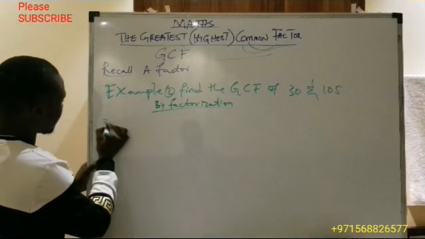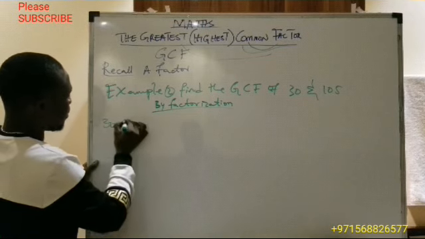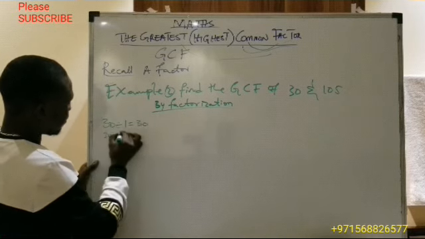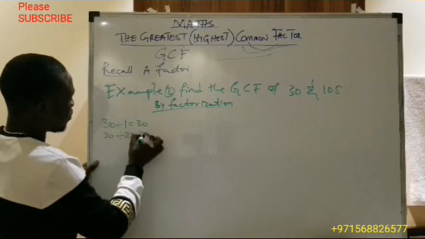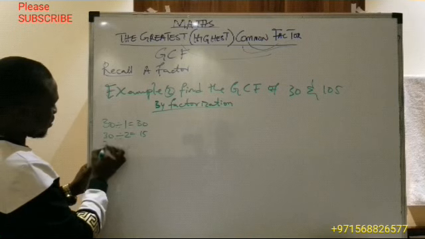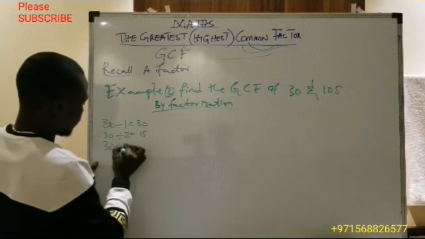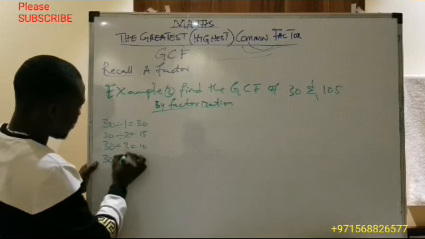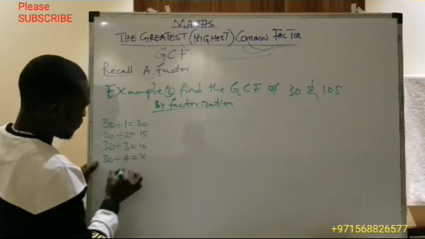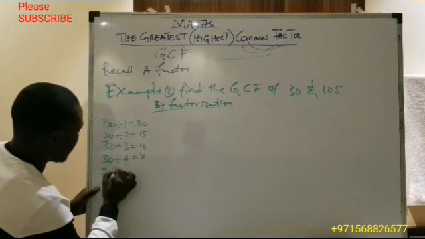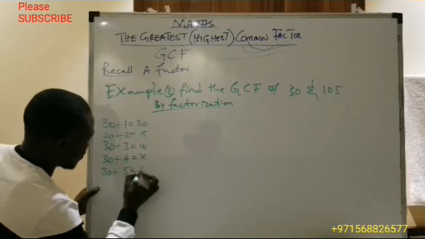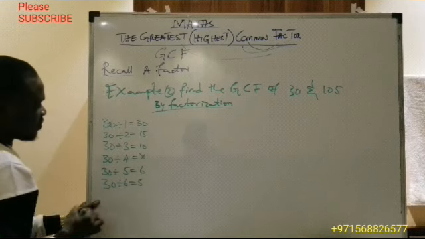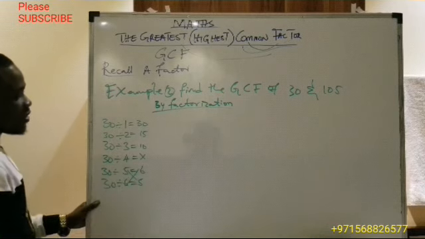So we now take 30 divided by 1 is equal to 30. 30 divided by 2 is equal to 15. 30 divided by 3 is equal to 10. 30 divided by 4 cannot go. 30 divided by 5 is equal to 6. And 30 divided by 6 is equal to 5. Factors have repeated.